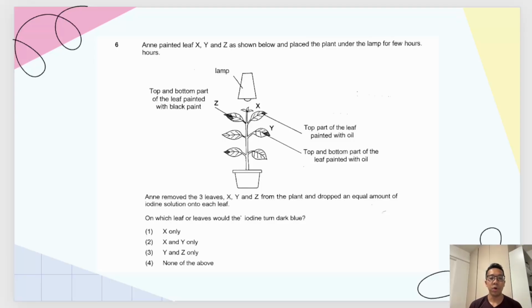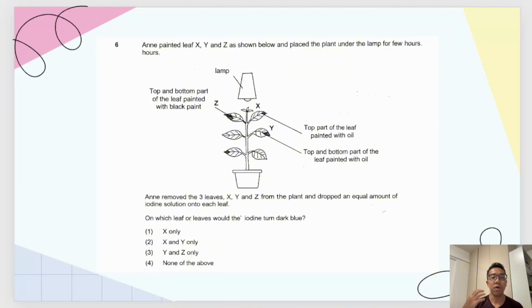So before we go on any further, we need to ask ourselves, what is this question really asking? In order for iodine to turn dark blue, it needs to react with starch. And starch is a product of photosynthesis. In the process of photosynthesis, your products would be starch and oxygen.